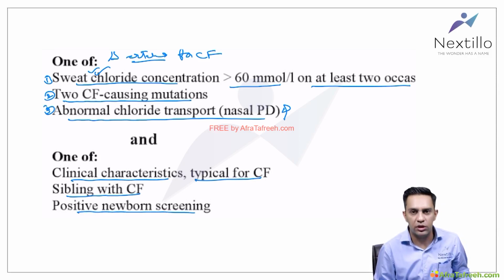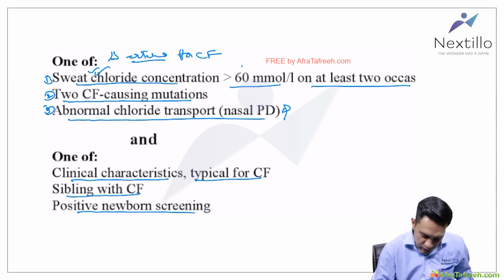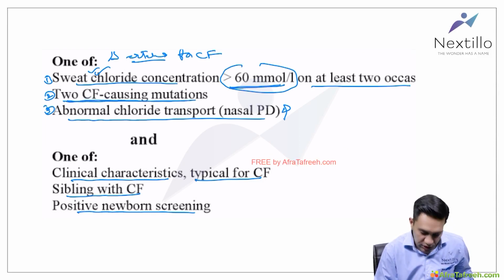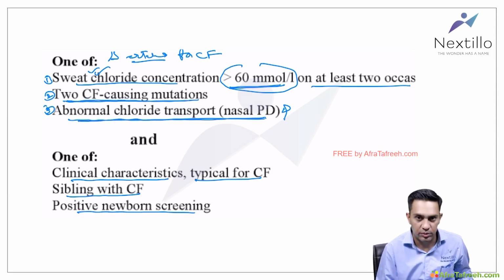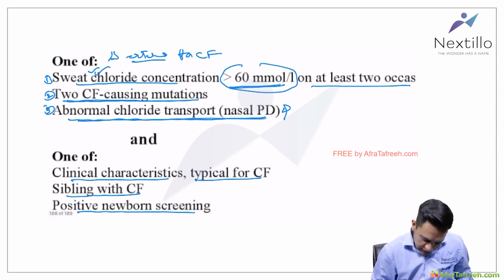If on newborn screening the newborn comes out positive for cystic fibrosis, that can be diagnostic. Remember the number, sweat chloride more than 60 millimoles per liter, because it will be asked in MCQs.